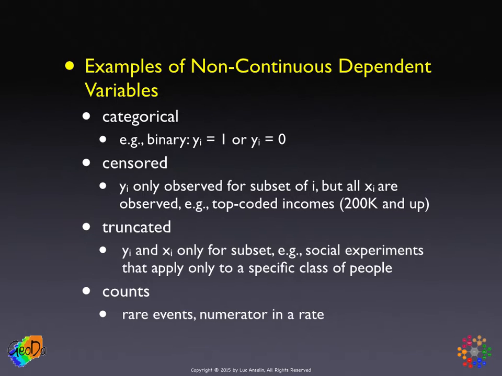So the terminology is a little confusing maybe, but censoring, you can think of you have all the x's, but you don't have some of the y's. Truncated, you don't have the y's and the x's for a subset of the population. For example, again, in a lot of social experiments, there's only a target population to which they apply.